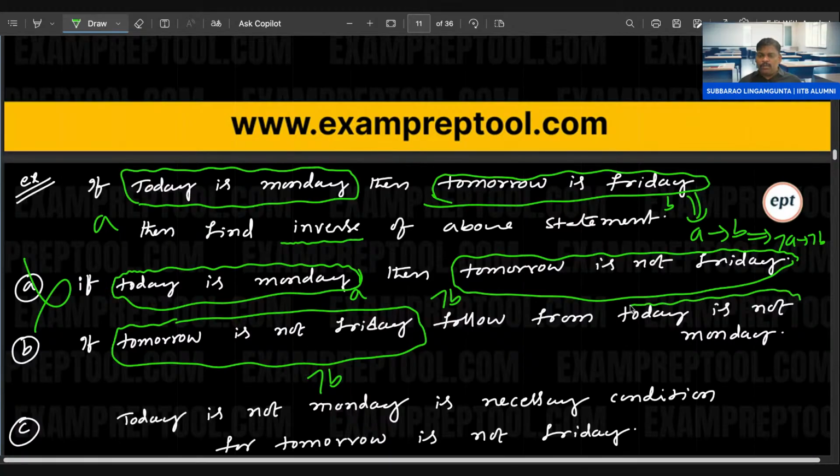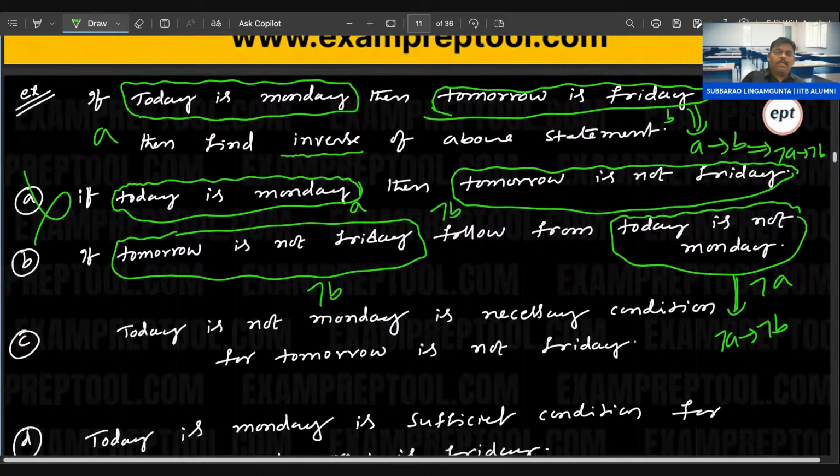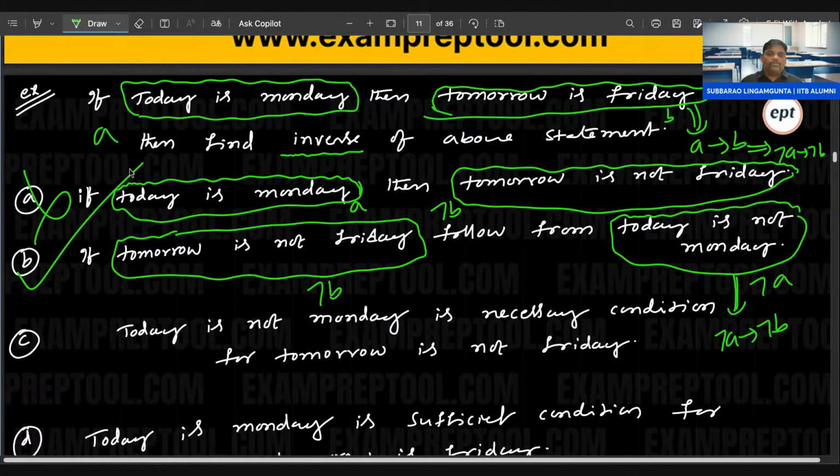Today is not Monday is negation A. Q follows from P. If you observe clearly, Q follows from P, so it's going to be negation A implies negation B. That is exactly what you are looking for. So B.